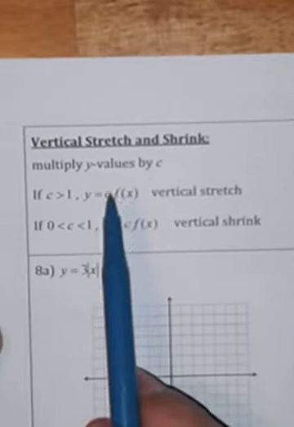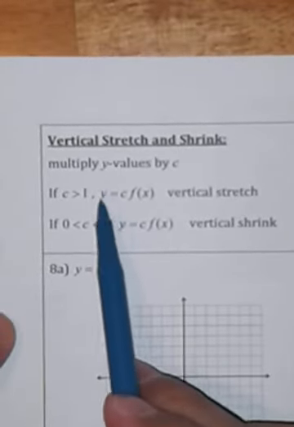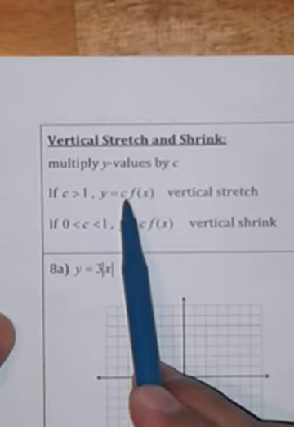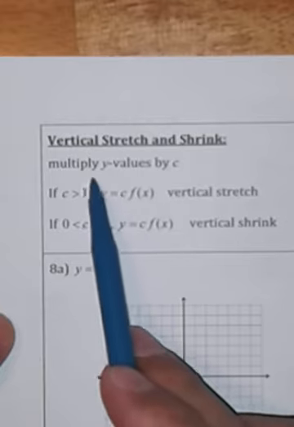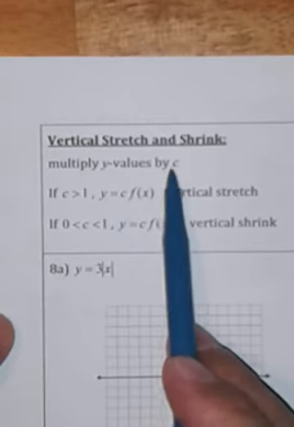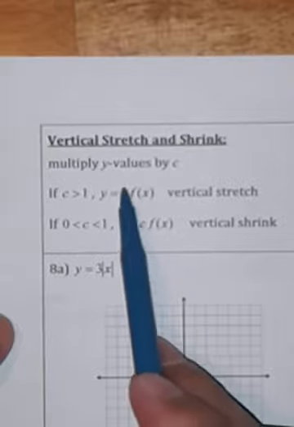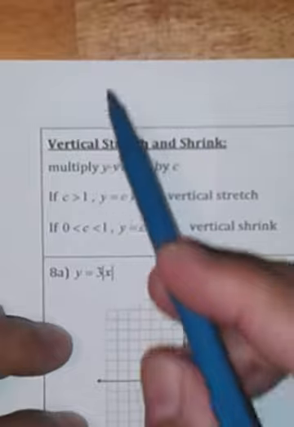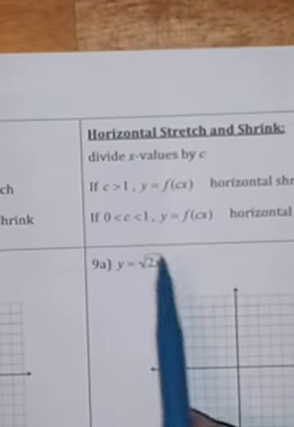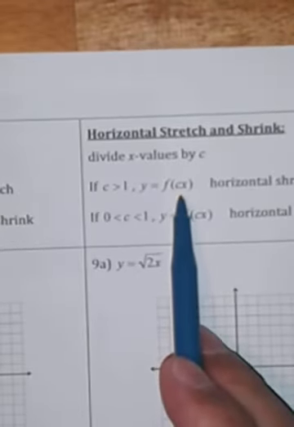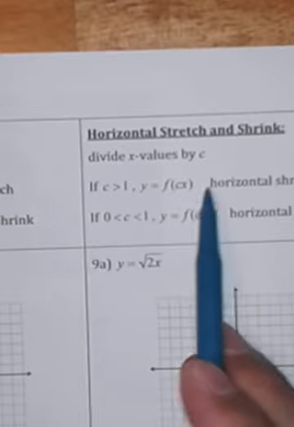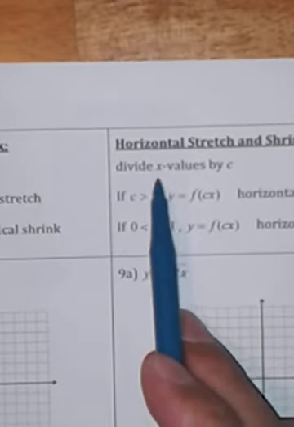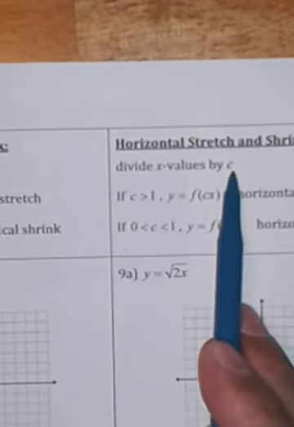So how do you carry out those stretches? When it's a vertical stretching or shrinking, just multiply y values by c. So if c is 2, you're doubling the y values or the vertical distances, up and down. And if it's inside the argument, then it works horizontally and counterintuitively. So instead of multiplying by c, you're dividing by c.